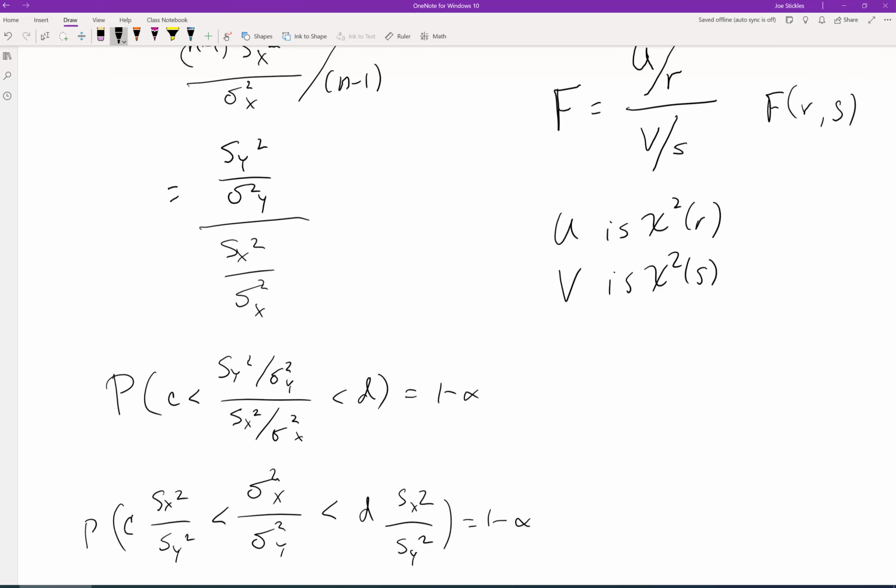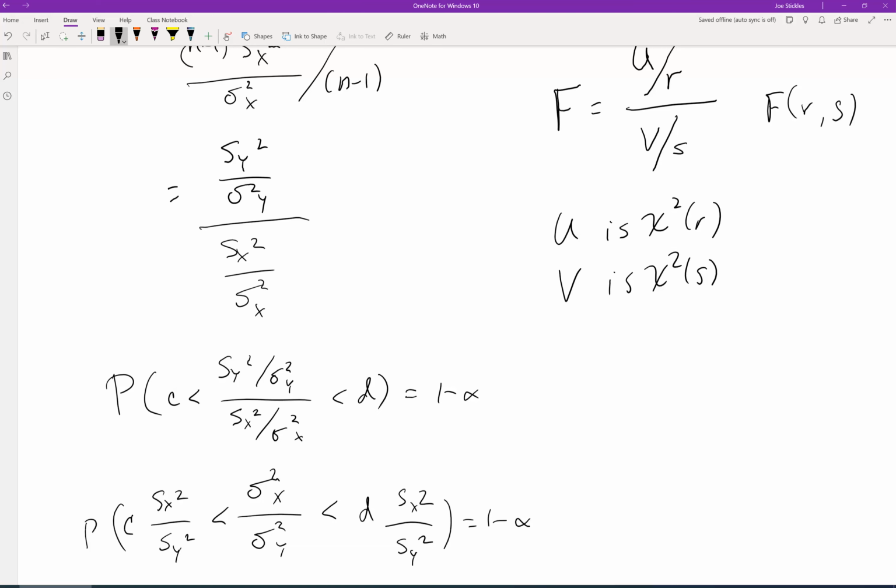So things are flip-flopped. Now I'm going to finish this off in a second, but we started with the F random variable in the middle here, right? So for that F random variable in the middle, these values that we're going to use for C and D are going to be the same types of percentiles that we used for normal and for chi-squared, right?